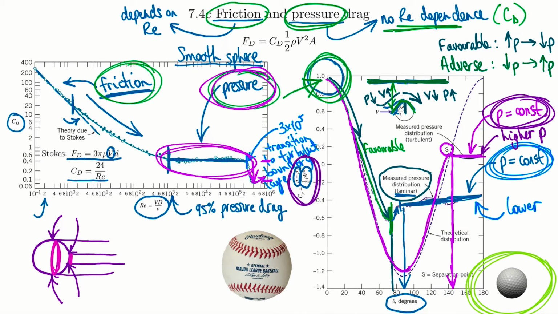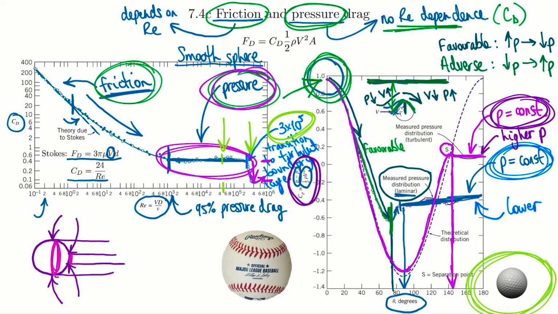You see this point is like 3 times 10 to the 5 that I highlighted where this drop is. If you roughen the ball though, they've shown that right around here, even as low as say 50,000-ish, you can get a transition to turbulence to occur. So through much more of the golf ball's flight, you're going to have that lower drag. You're going to have that transition occur earlier if it's rougher, because the rougher surface is more likely to trip into turbulence.